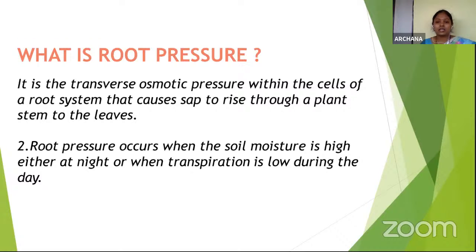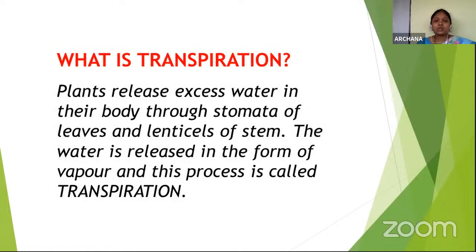Root pressure occurs when the soil moisture is high, either at night or when transpiration is low during the day. Transpiration. We already learned about transpiration in the earlier classes. So what is transpiration?